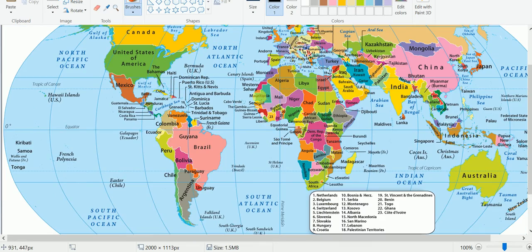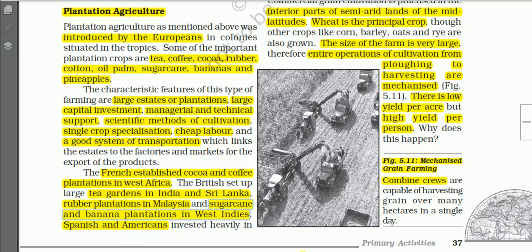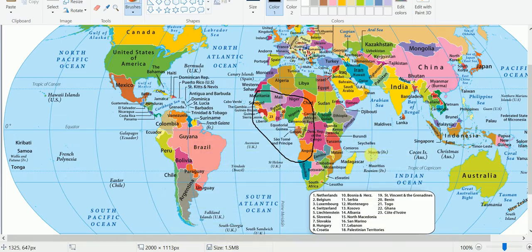So here the French established cocoa and coffee plantation in West Africa. Then the British started the tea plantation in India, then Sri Lanka.